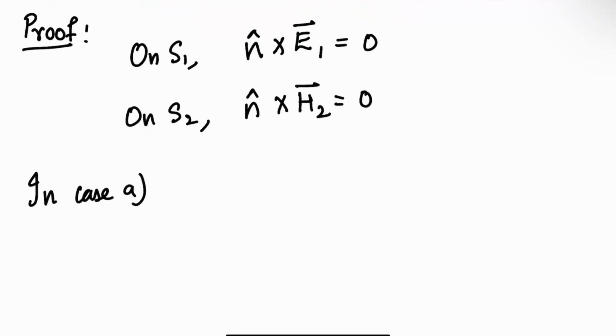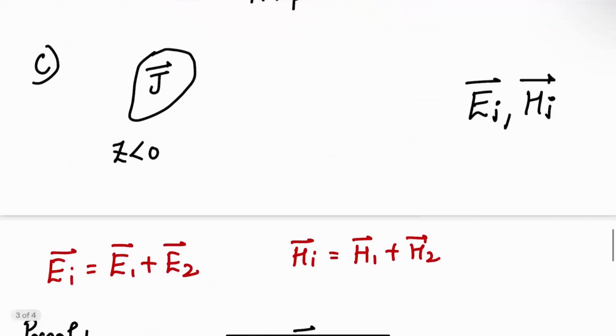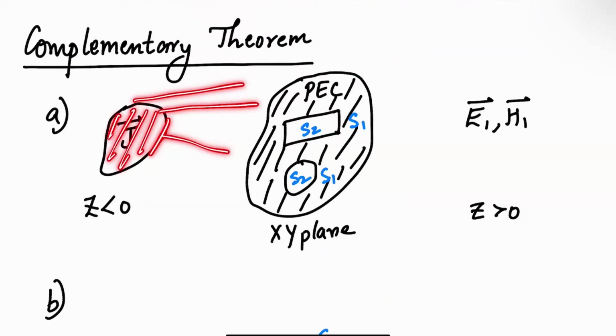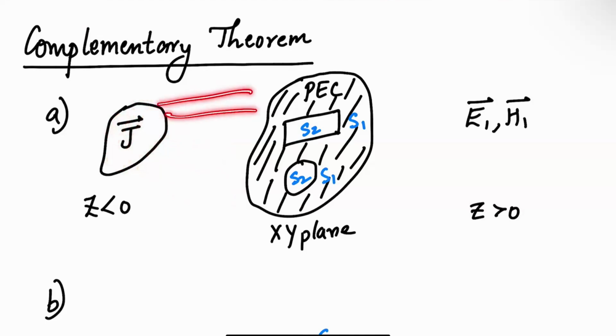The second step is that in case A, the incident field HI, let's go back here. This current here radiates some field, which is the incoming or incident field. That field excites some currents on this PEC everywhere. Those currents produce no tangential component of H on this aperture and this aperture, and that's what we proved in lemma 1.